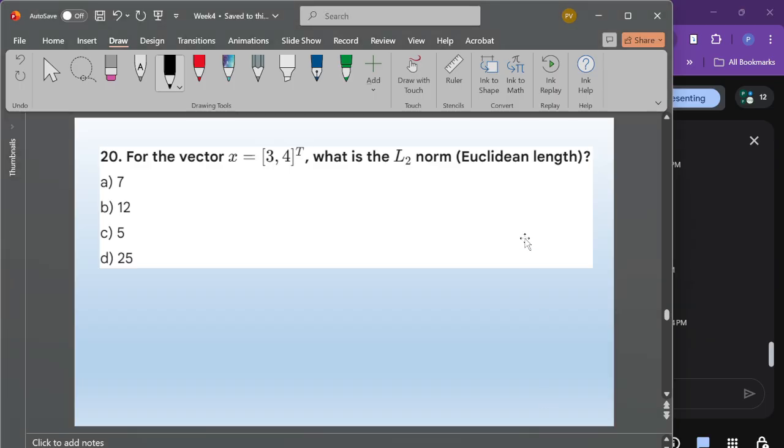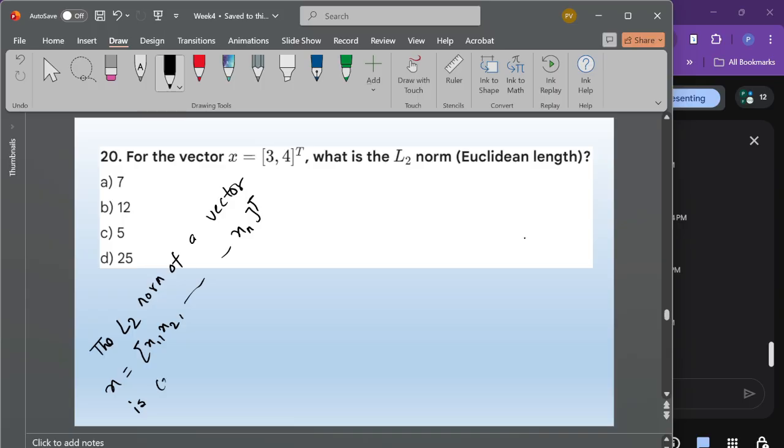So the L2 norm, also known as the Euclidean norm, of a vector x given as x1, x2, up to xn transpose, is calculated by this formula: the root of the summation from i equal to 1 to n of xi square.